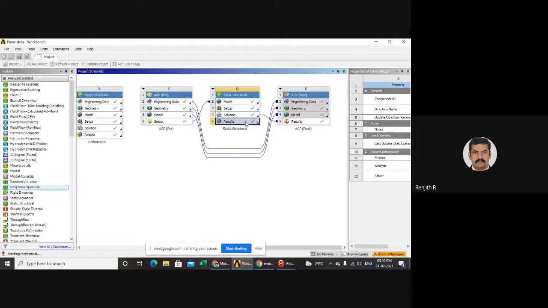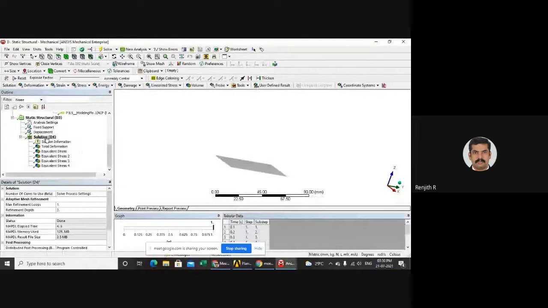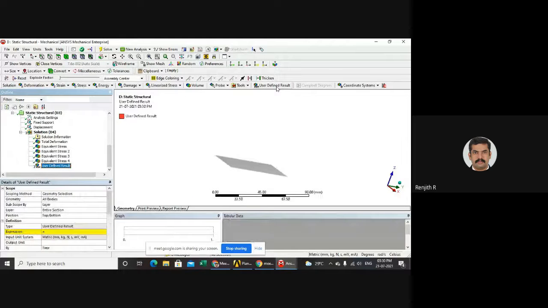If you go to results, there is one option provided, user defined results. Okay, so here you can provide the results. For example, I'm actually taking the principal stress S1.